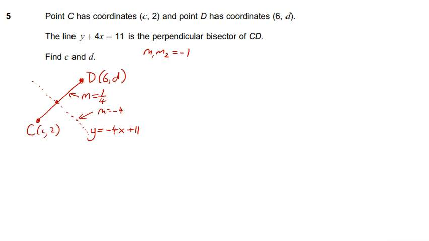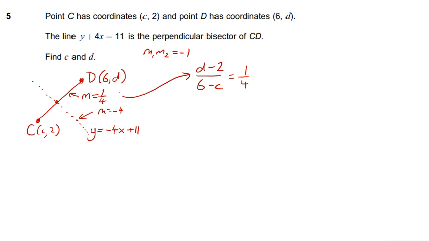Okay, but we can also work out the gradient between C and D just using delta y over delta x. So we've got d minus 2, so that's delta y, divided by 6 minus c, and that's equal to a quarter. So we're just equating the gradient 1 over 4 with delta y over delta x.